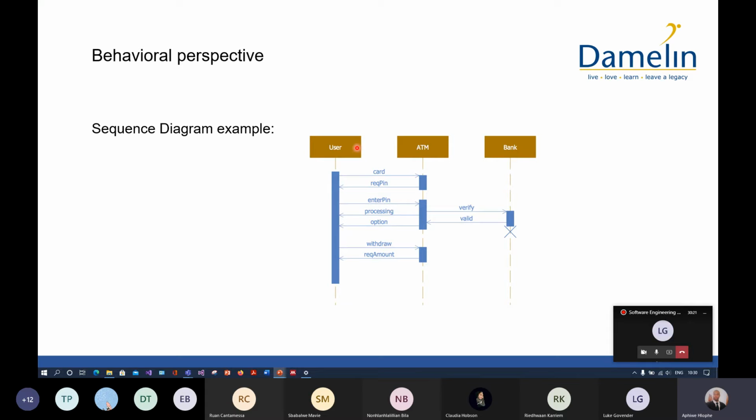And then we also have the behavioral perspective, a good example of which is what we call the system sequence diagram. The system sequence diagram shows multiple things. The first is the various subsystems, similar to the context diagram.